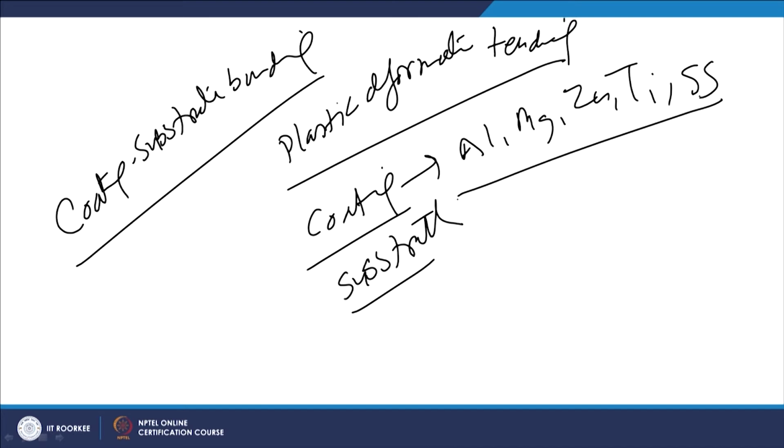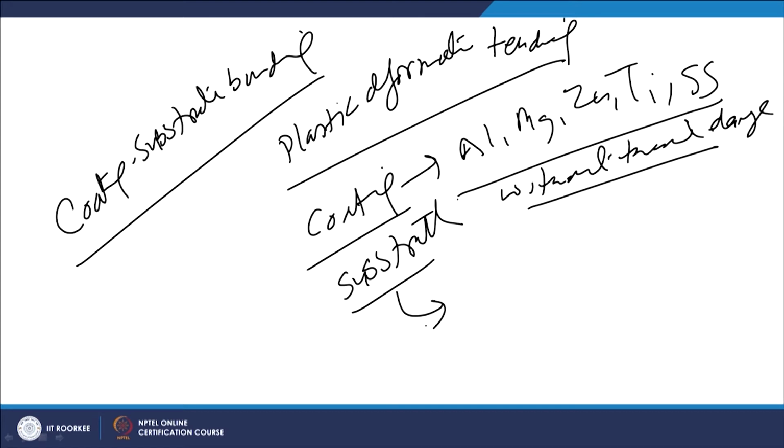effectively and easily deposited without any thermal damage. While this little bit of ductility, or the ability to get deformed, is also needed in case of the substrates. So, substrates which have reasonable ductility can be coated with this process.